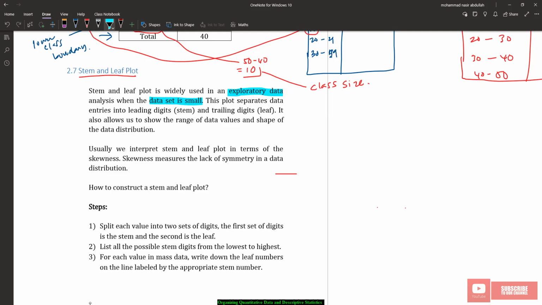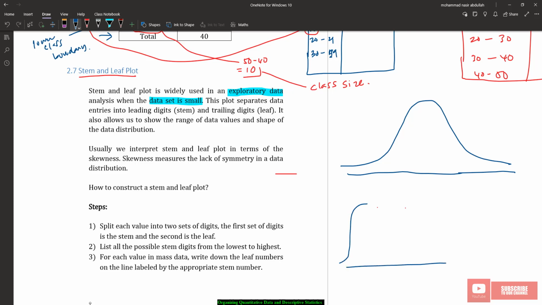We want to know whether the data is normally distributed, which has a bell shape, like this. Another one is we want to know whether the data is skewed to the right or skewed to the left. How do we know? If the tail is longer to the right, this is a right-skewed distribution.